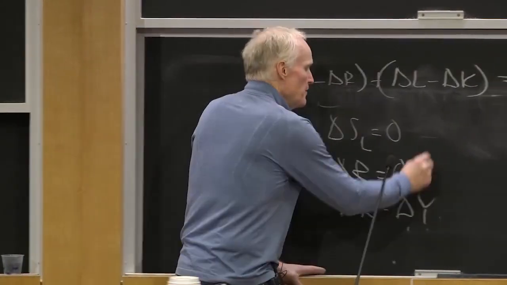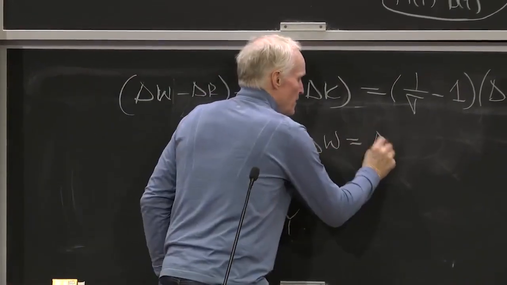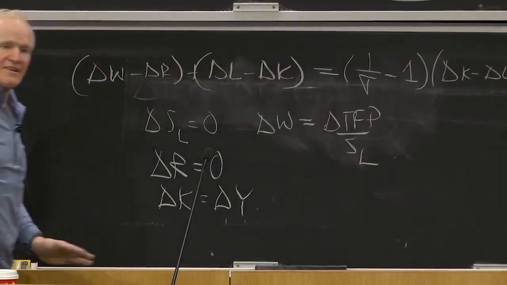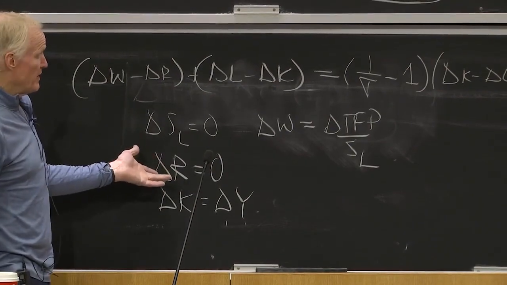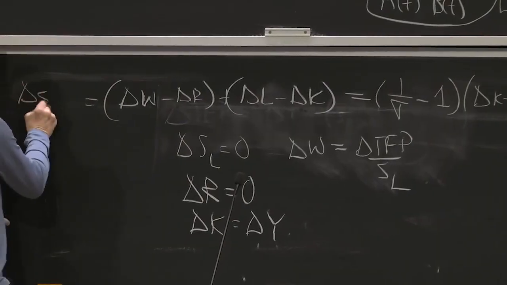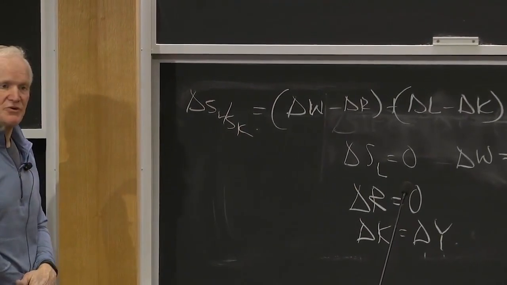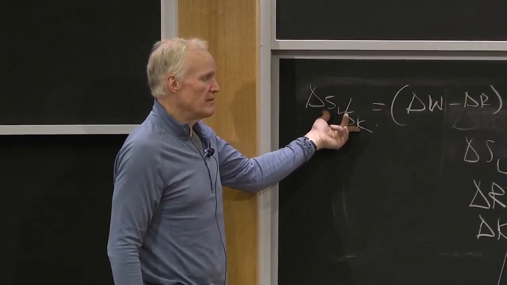And delta W was equal to delta TFP over SL, right? Those are kind of the facts that we would traditionally use. But what if we saw an economy where labor share was falling? This is delta SL over SL. What would you think? What would be the two explanations you have for delta SL over SL falling?